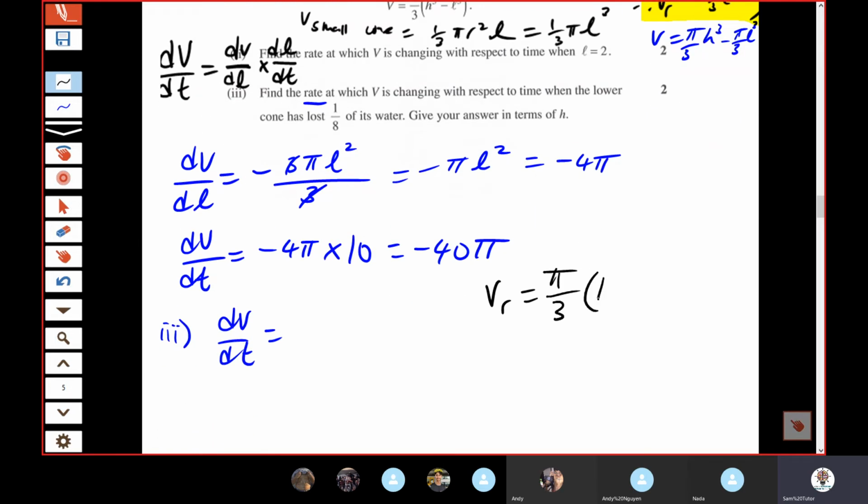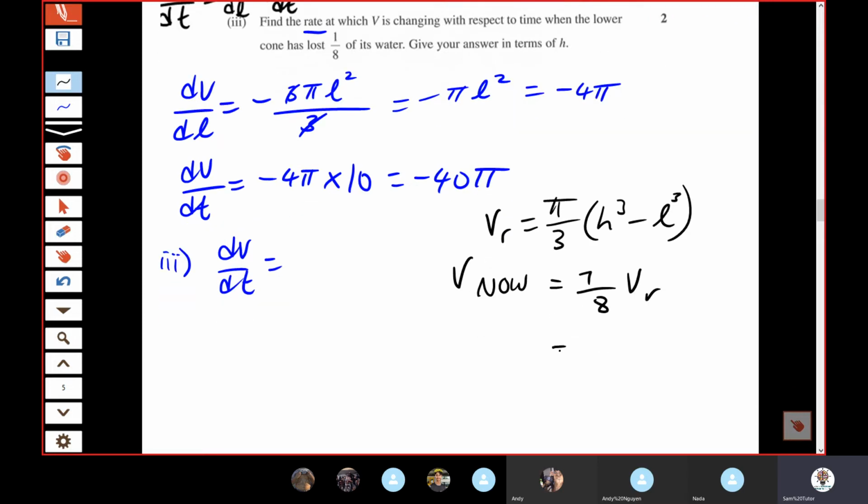Now, it's lost 1/8, so the volume now is 7/8 of the original. We agree with that? So then that becomes 7/8 of pi on 3 and then (h cubed minus L cubed).